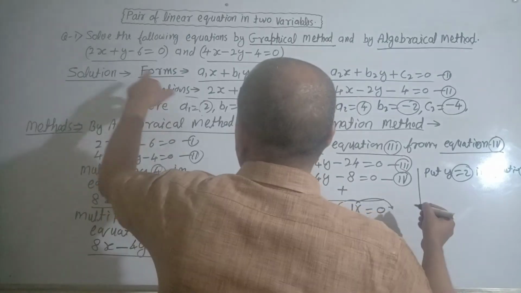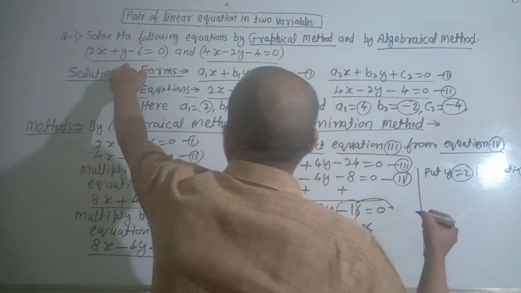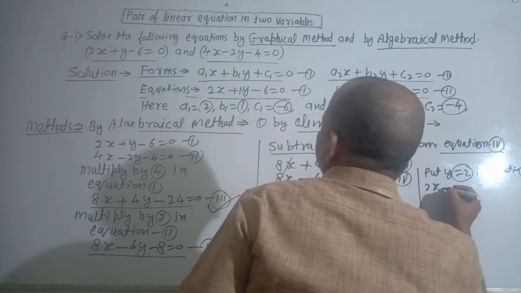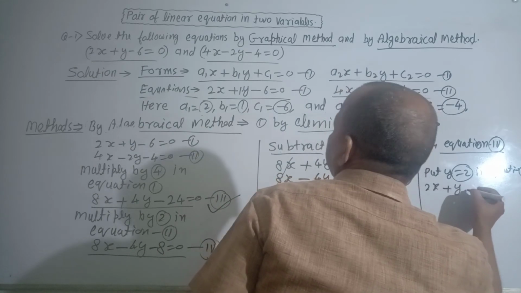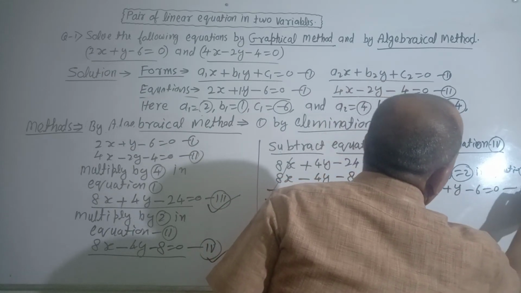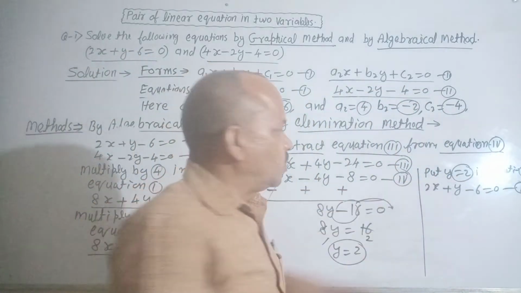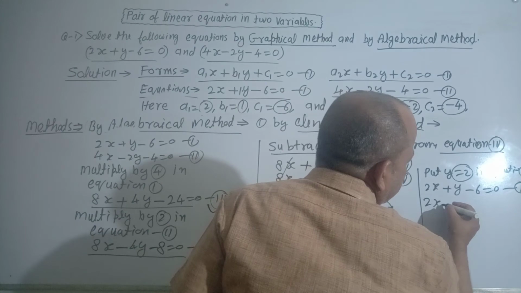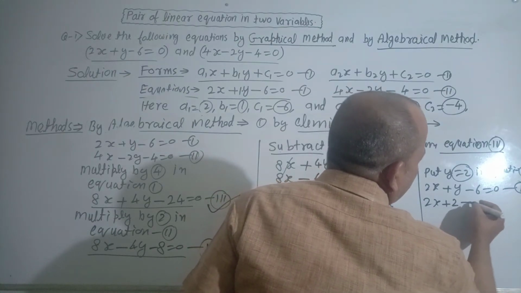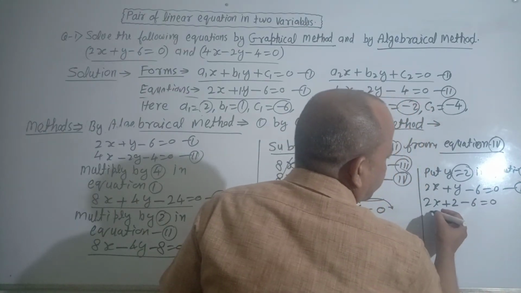Here equation first is 2x plus y minus 6 equal to 0. Y equal to 2, 2x plus 2 minus 6 equal to 0.